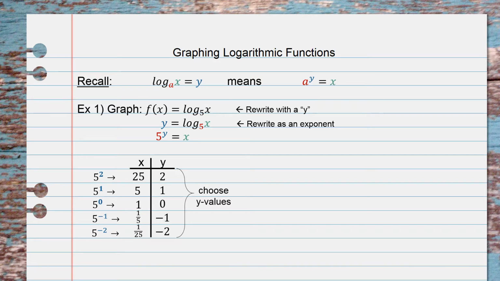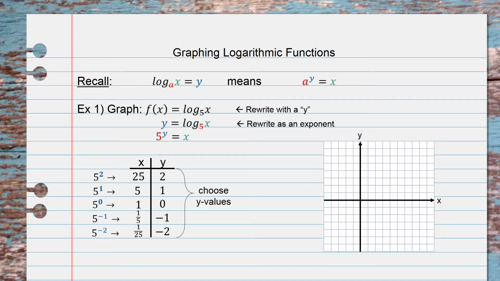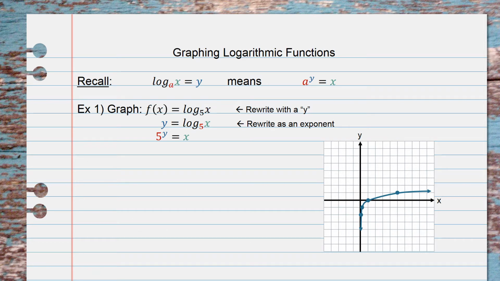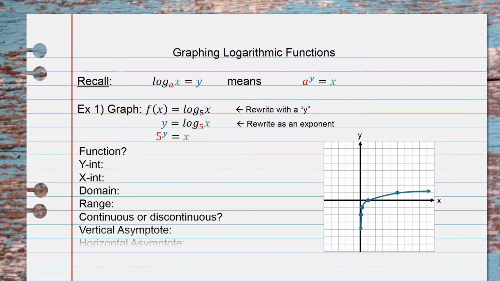Now that our t-chart's complete, we're ready to graph. Take a moment to prepare your xy axis and plot these points. Hopefully your graph looks something similar to mine. Now, looking at the graph, let's answer a few questions, such as, is this a function?